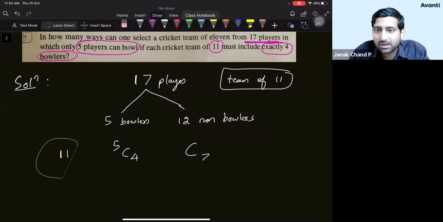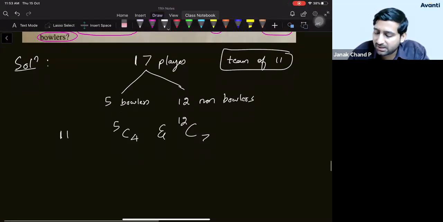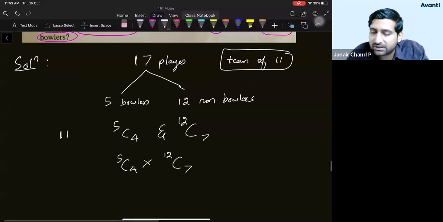To make a team of 11, I should have 4 bowlers plus 7 non-bowlers. How many total non-bowlers are there, student? 12. So from this 12, I should select any 7 non-bowlers. And finally, to make a team of 11, I should select this and I should select non-bowlers also. So what is the answer, student? It is 5C4 into 12C7.